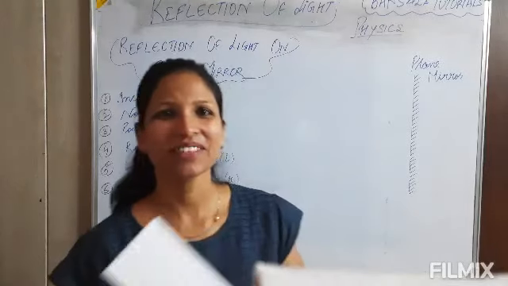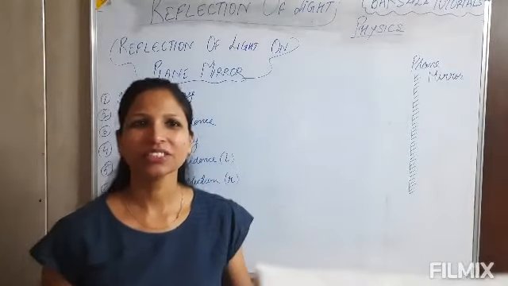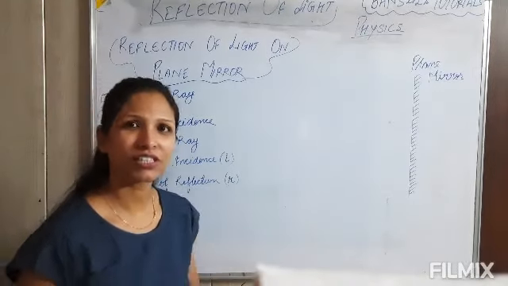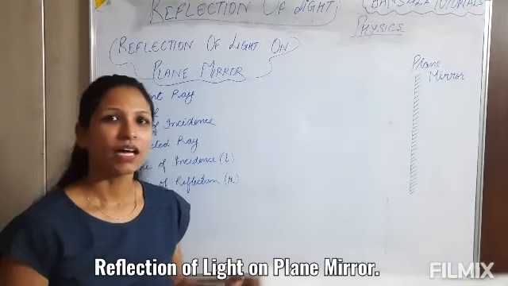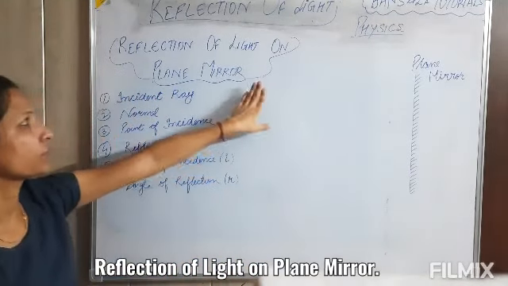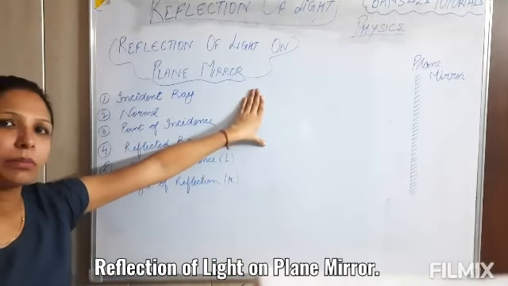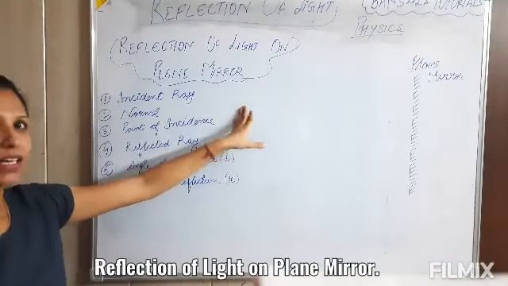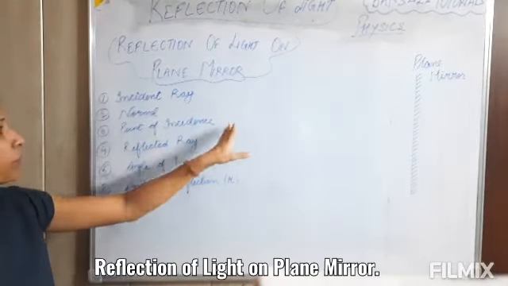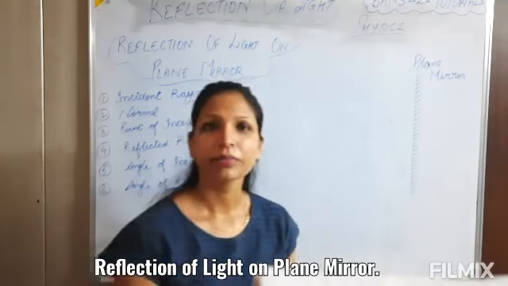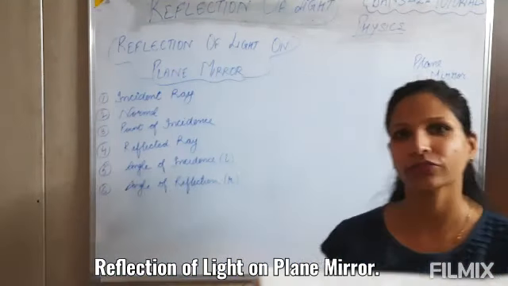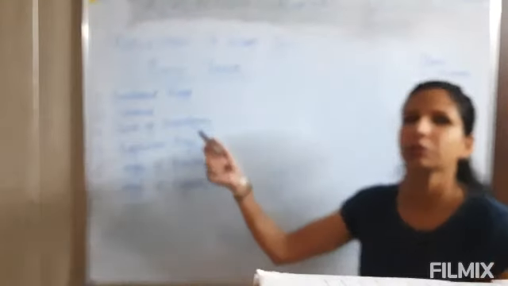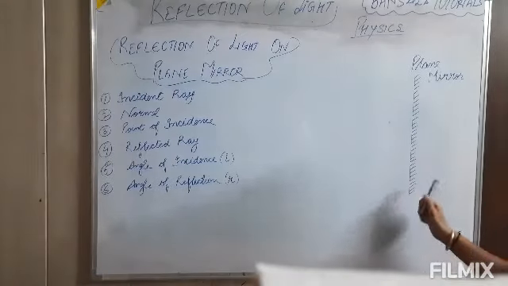Let's begin with the main topic of this chapter, which is reflection of light on a plane mirror. During the reflection of light on a plane mirror, we'll be discussing various terms like incident ray, normal, point of incidence, reflected ray, angle of incidence and angle of reflection. I'll be introducing these terms along with the diagram.